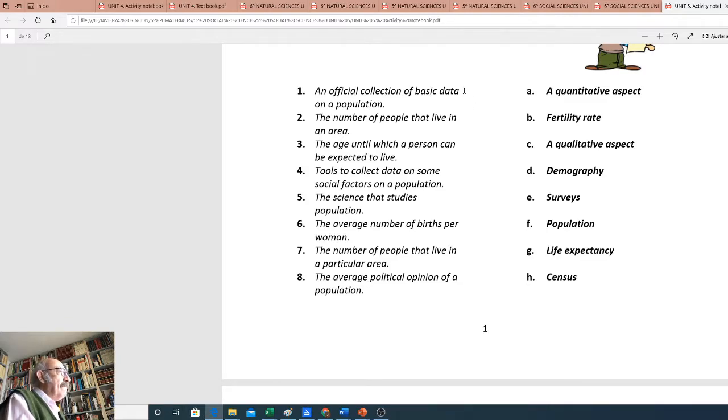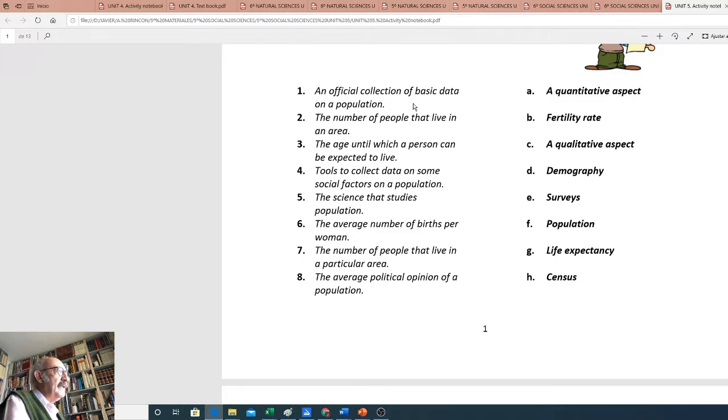So, what would you say about number one? What is an official collection of basic data on a population? I have to choose between these 8 concepts. We're talking about an official collection of basic data. An official is something that is made by the government.